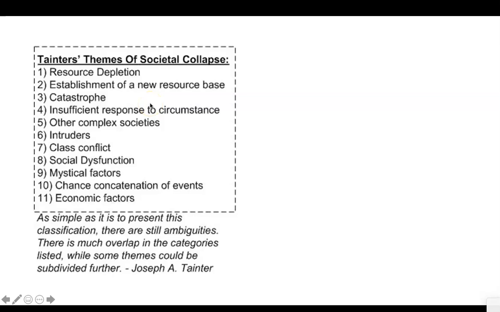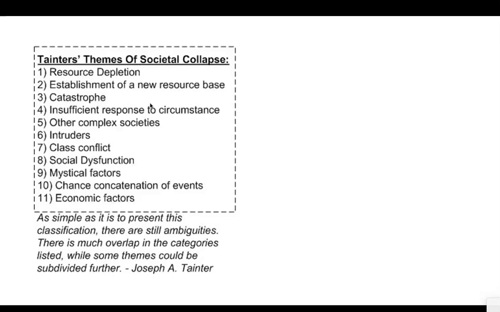Back to Tainter. So Tainter does this analysis, and his analysis is also a comparative analysis. He compares Mayan civilization and, am I saying this right, Chacoan civilization. Sorry, long COVID brain here.